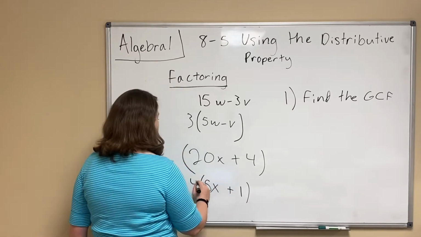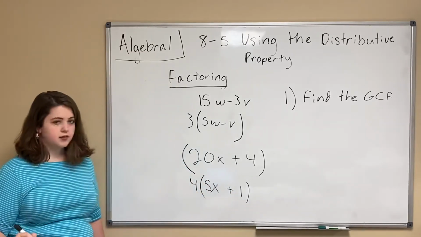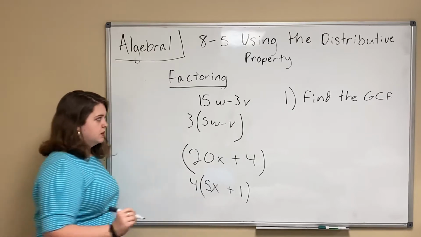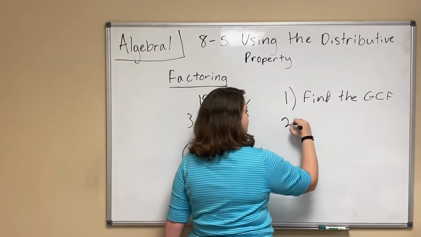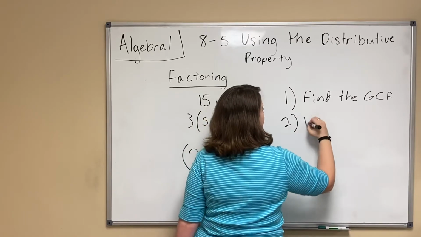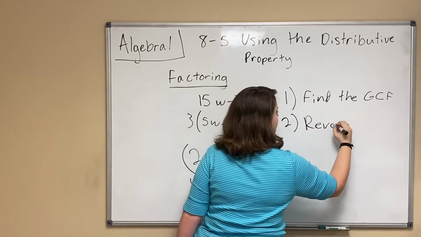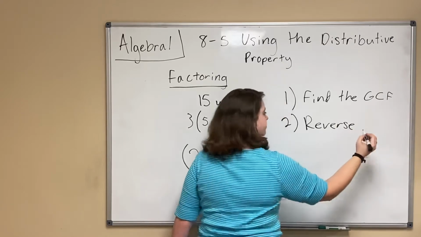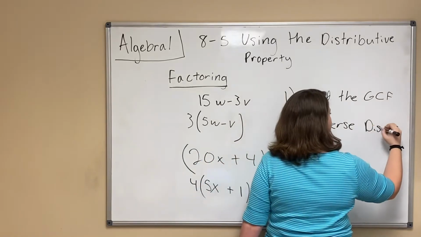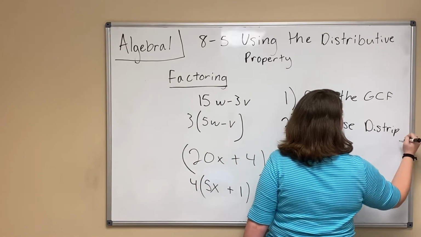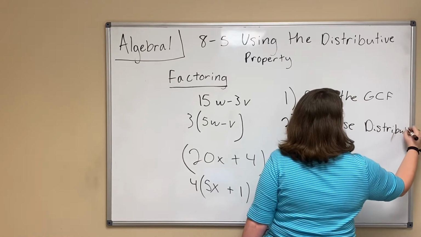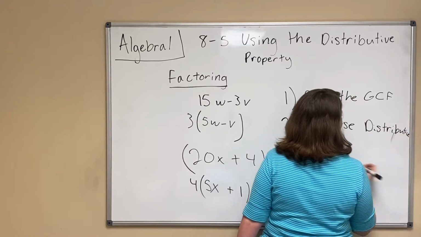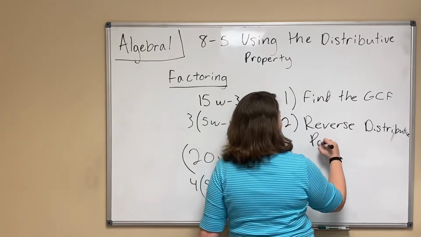Then we'll put our 4 on the outside. So we find the greatest common factor, and we're doing what I'm going to call the reverse distributive property.